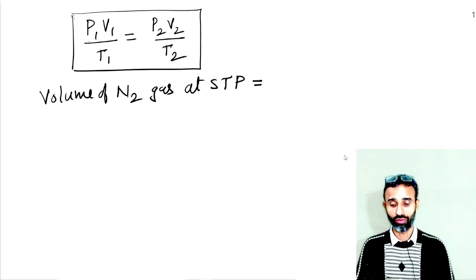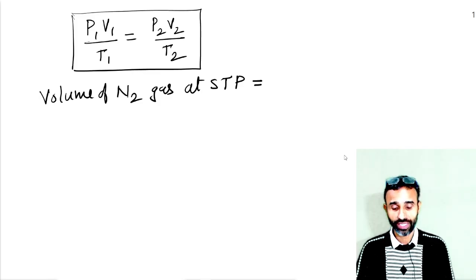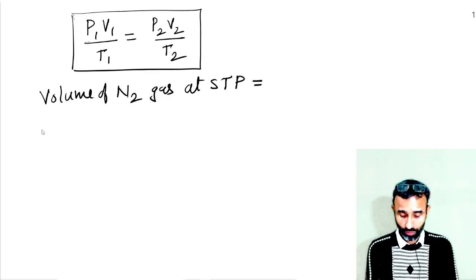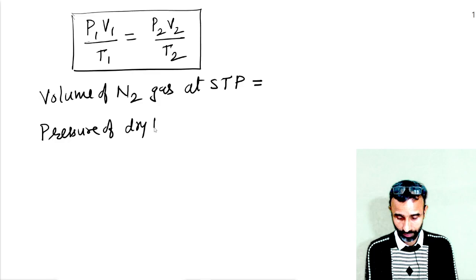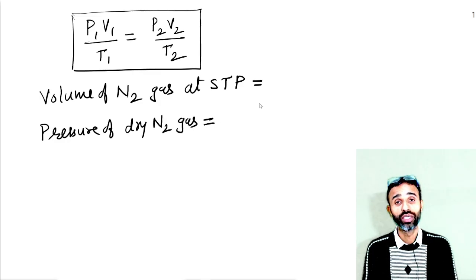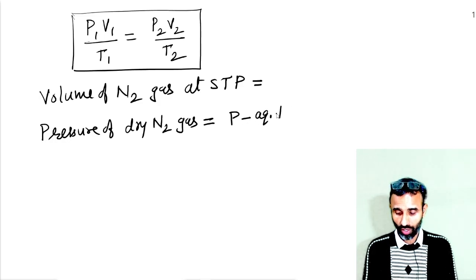We will calculate the volume of the nitrogen gas at STP. The pressure of nitrogen gas is equal to P minus aqueous tension.